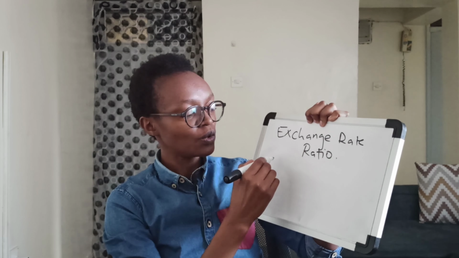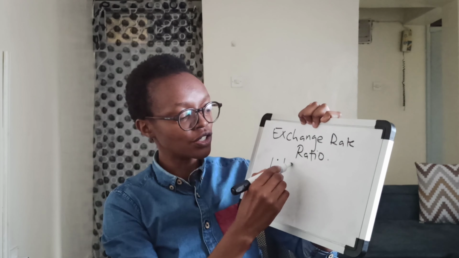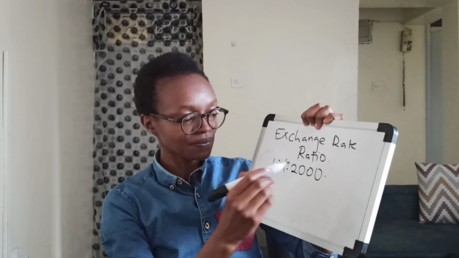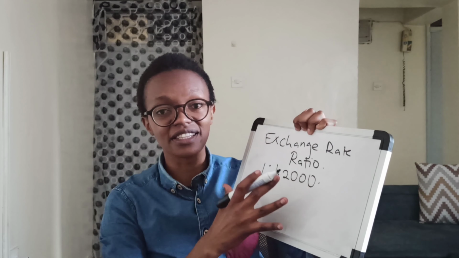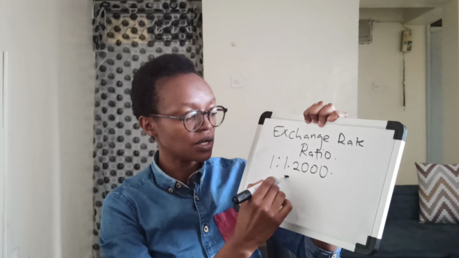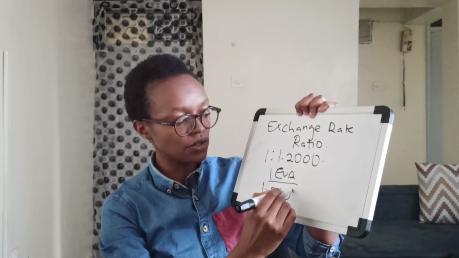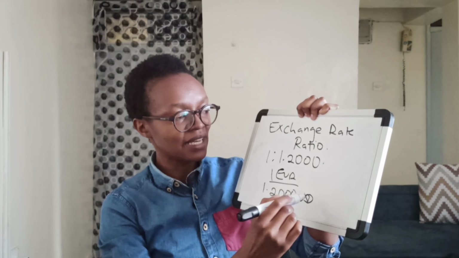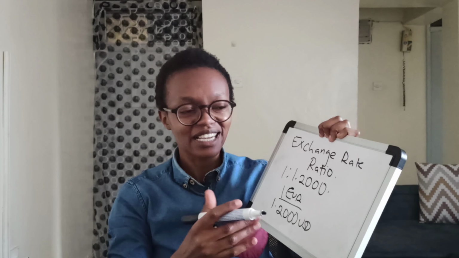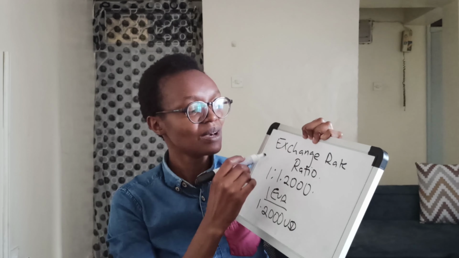Now, we have already established the exchange rate ratio, which was 1:1.2000. And if we write this in the form of a fraction, it would be €1 over 1.2000 USD. Now, as per our formula, I hope we remember, it's going to be the value of the change in the counter currency multiplied by the exchange rate ratio.